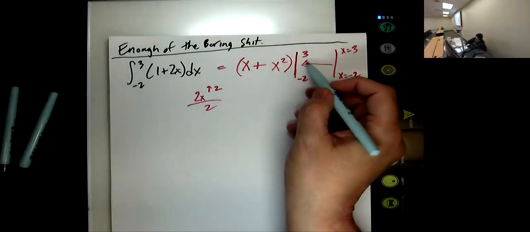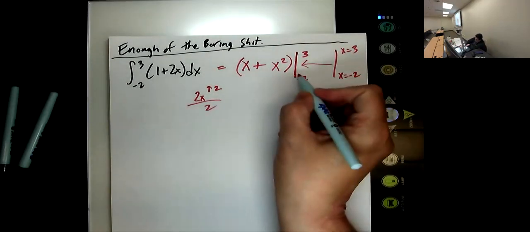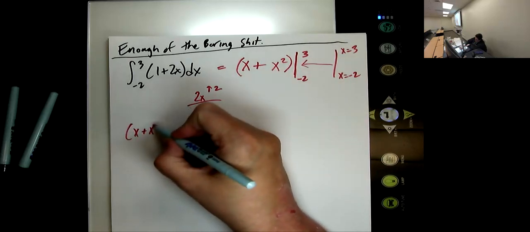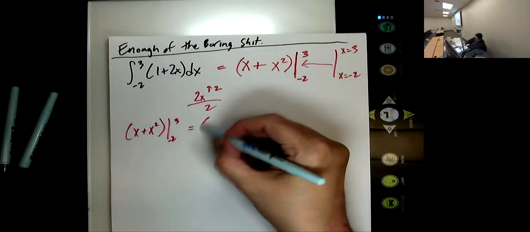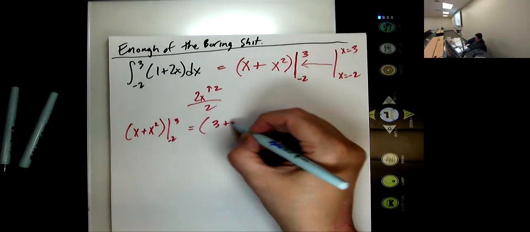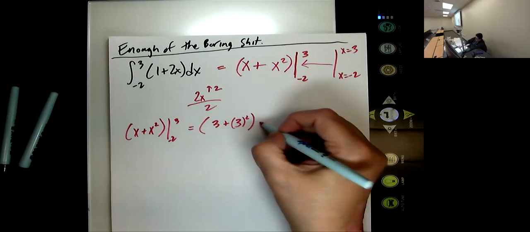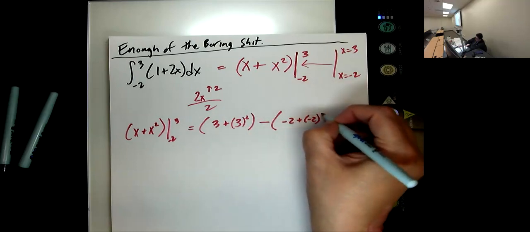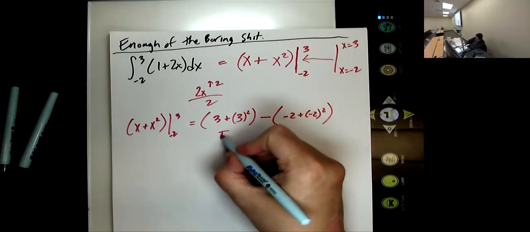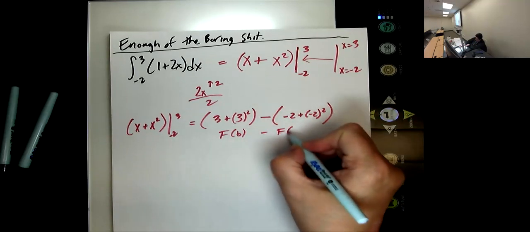So what this means is I've got x plus x squared going from -2 to 3. That is 3 plus 3 squared minus -2 plus -2 squared. So f of b minus f of a.